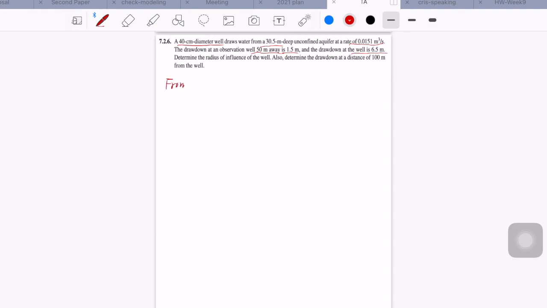So from equation 7.16 in the textbook, we know h squared equals HOB squared minus Q divided by pi times K times the natural log of RB divided by R. From the problem, we know the drawdown at the well S is 6.5 meters, and the depth of the unconfined aquifer H0 is 30.5 meters.